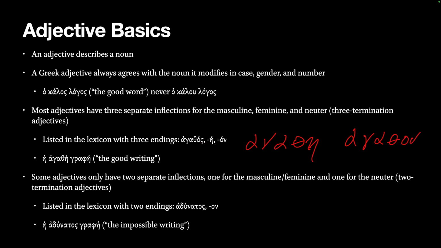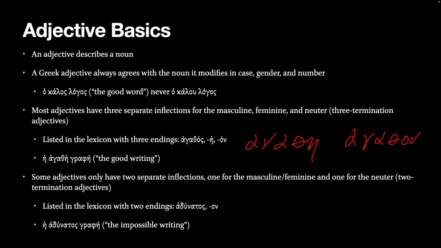There are some adjectives that do not follow this rule. That is to say, they do not have three terminations. They do not have three different endings to match the noun that they go with. Rather, they have two separate inflections or endings, one for the masculine and the feminine combined, and one for the neuter.